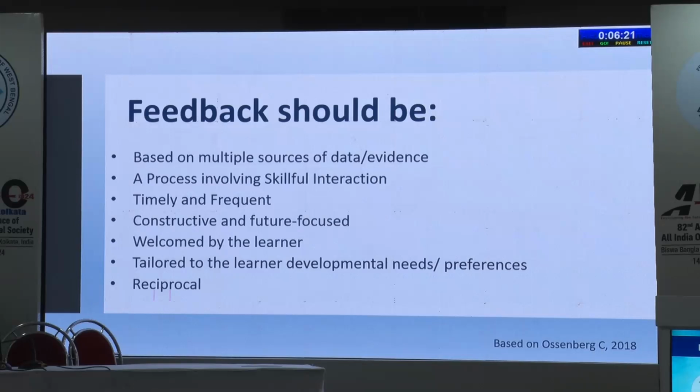It should be welcomed by the learner, otherwise it won't be of any use. And somehow I can connect this with the presentation of the challenging case this morning. It should be tailored to the learner's development needs and preferences.